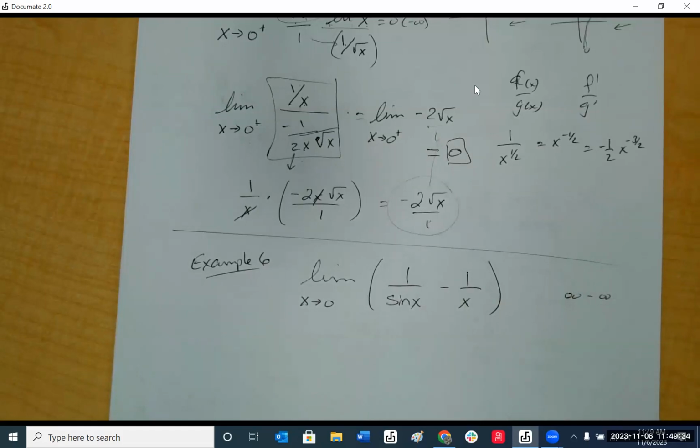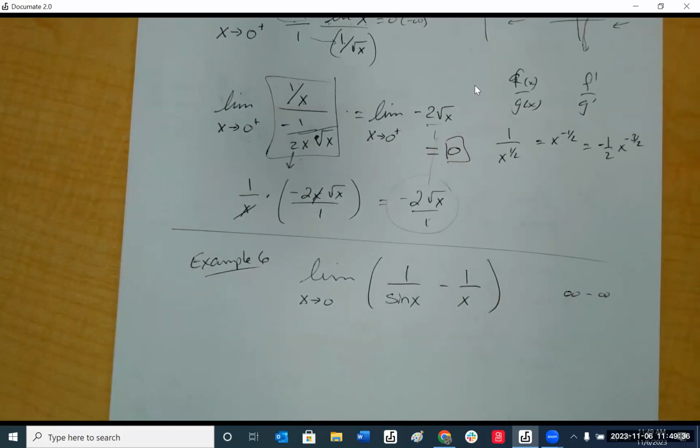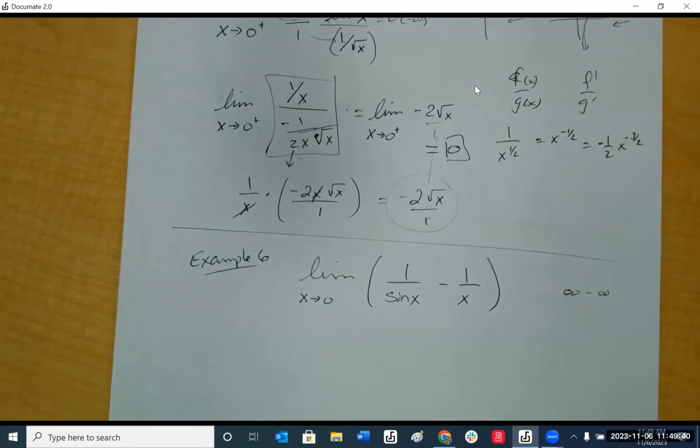So we're good to go. So how would we do this one?